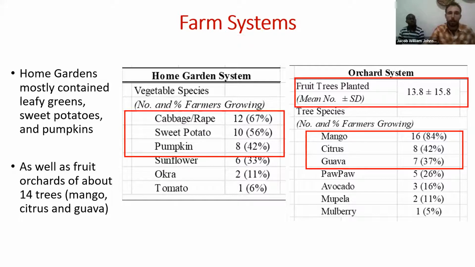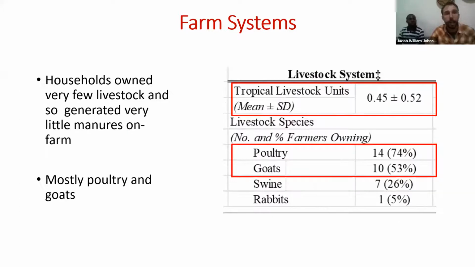Farmers maintained home gardens that mostly contained leafy greens, sweet potatoes, and pumpkins, as well as fruit orchards of about 14 trees that were mostly mango, citrus, and guava. Households owned very few livestock, and so generated very little manure on the farm. Farmers mostly owned poultry, and a few owned 2 or 3 goats. Some owned swine and rabbits, but mostly it was poultry and goats.